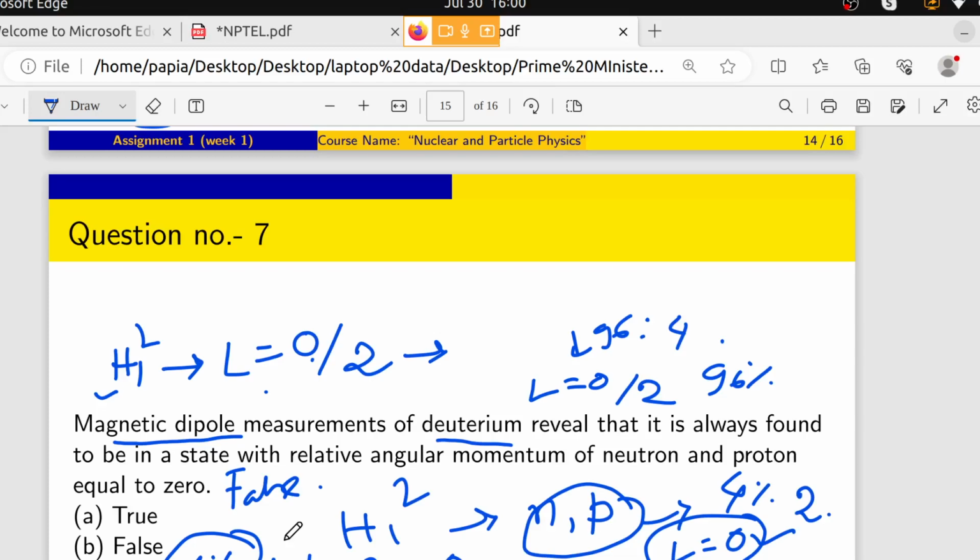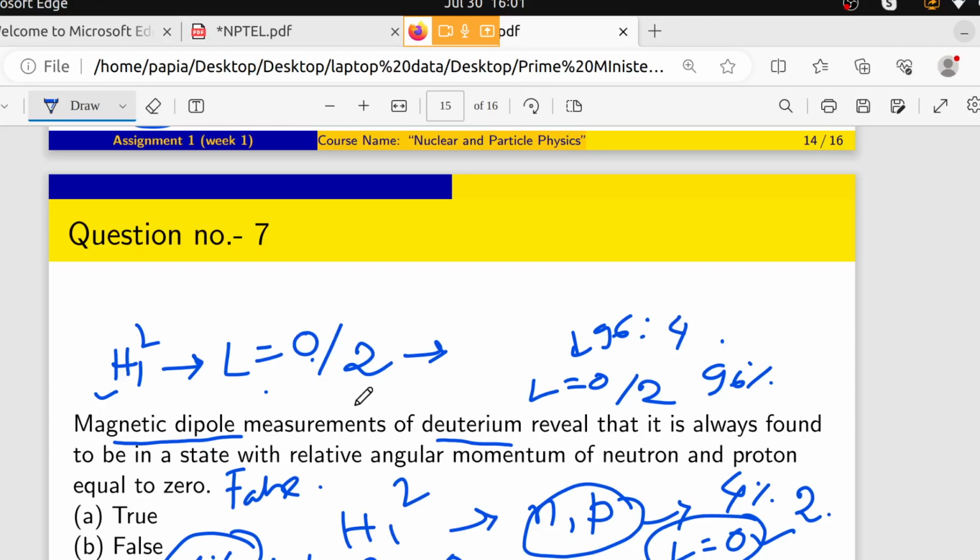Angular momentum should have two contributions, L equals 0 and L equals 2. These two give the total magnetic dipole moment of deuterium, and both are present in the deuterium nucleus. It is not correct that only L equals 0 is present.